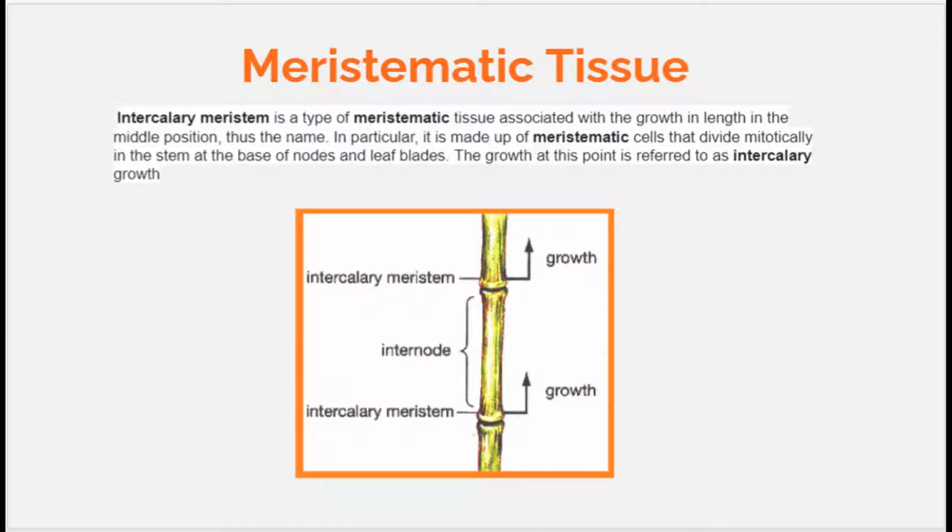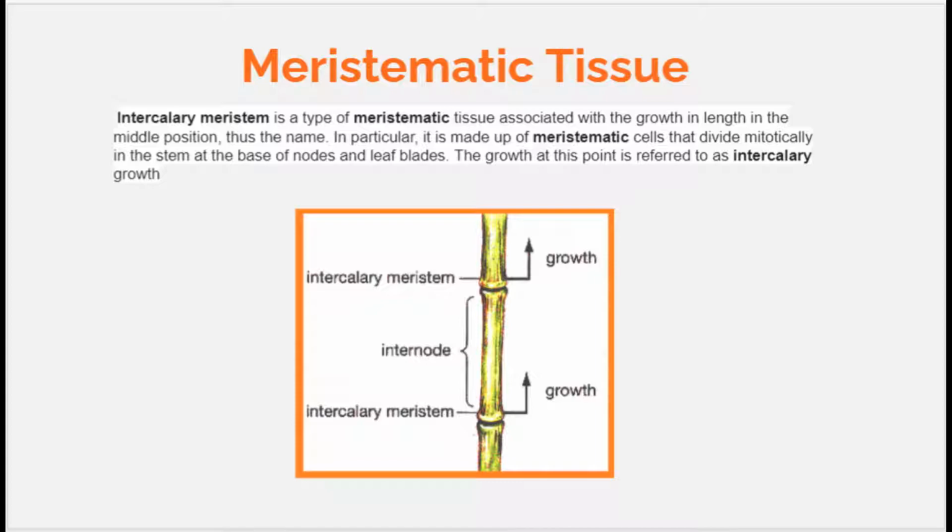Another position is at the base of the leaf or the internode region. You can take the example of bamboo or sugarcane. Whenever we take the juice of sugarcane, we find that some regions are very hard and we are unable to even chew them.